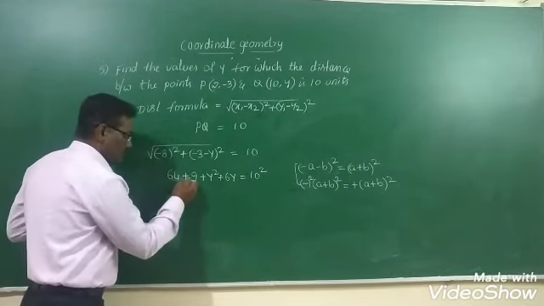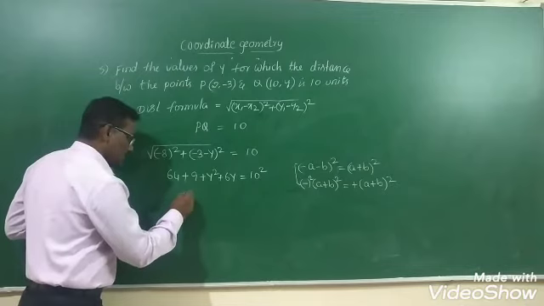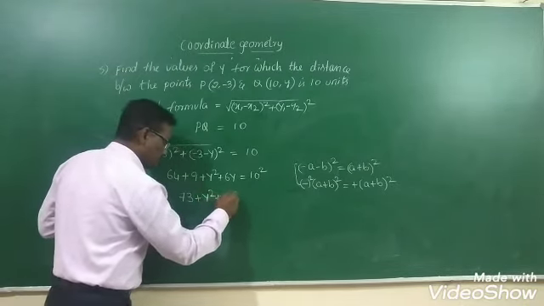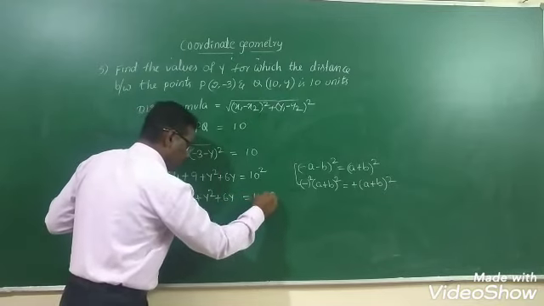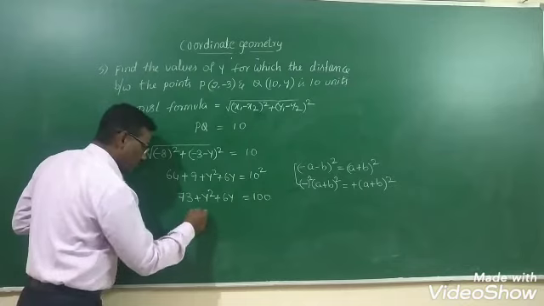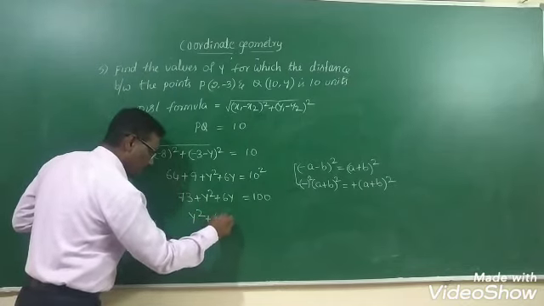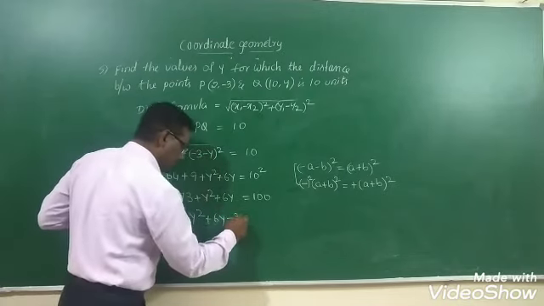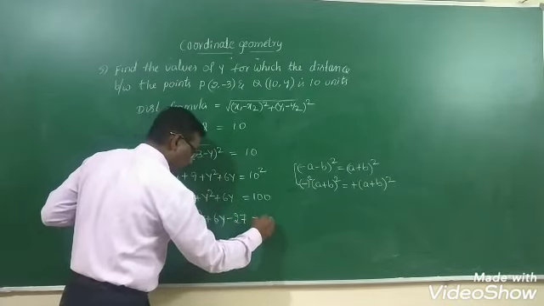Therefore, 64 plus 9 is 73, plus y square plus 6y equals 100. By transposing 100 here, y square plus 6y plus 73 minus 100, we get minus 27, equal to 0.